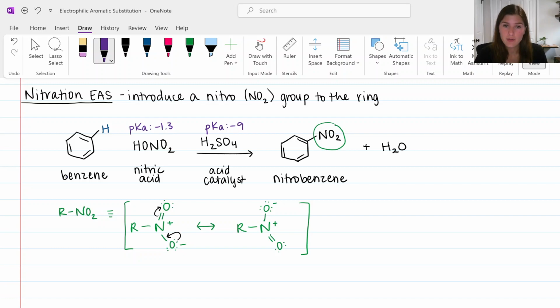So we use H2SO4 to make the nitric acid a better electrophile, and we'll do that in the first step of the reaction where we are generating the electrophile. When you see H2SO4, that's often what it's used for: to protonate something to make it more reactive. And that's exactly what we're doing here.